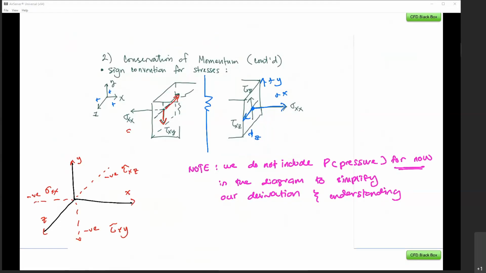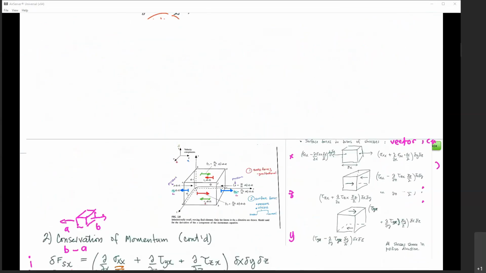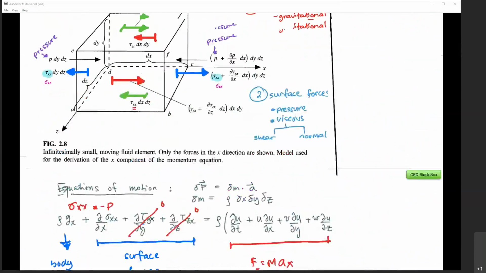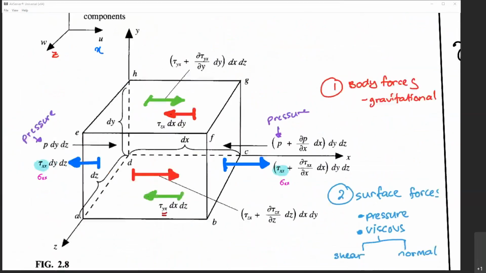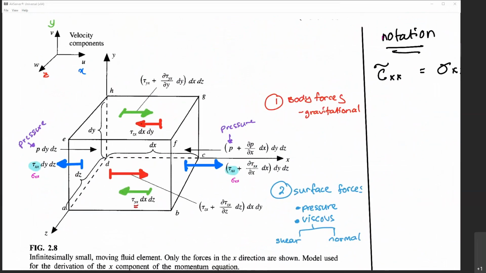Please note, in some literature, they do not include pressure P in the analysis because they want to simplify. They just want to focus on the body forces. If I'm not mistaken, let me go quickly to one diagram that I have over here. If you look at the details of this diagram, in this textbook, the pressure term is included in the analysis.